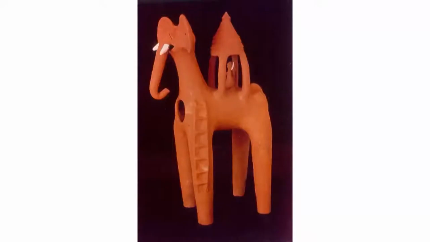Even in folk terracotta sculpture like this, the reference to a real animal is there because of the white pair of teeth, because of the trunk. You can make out that this is a figure of an elephant, but again the long neck refers to the horse.